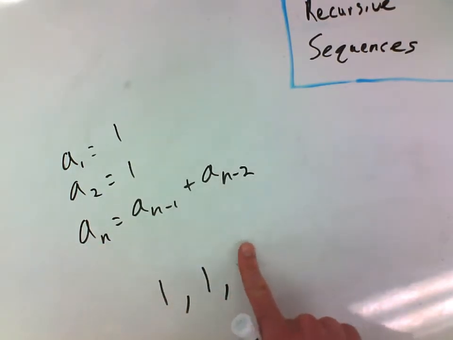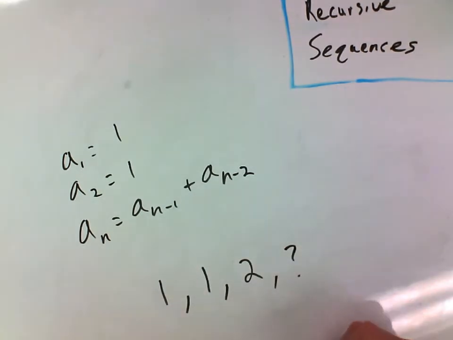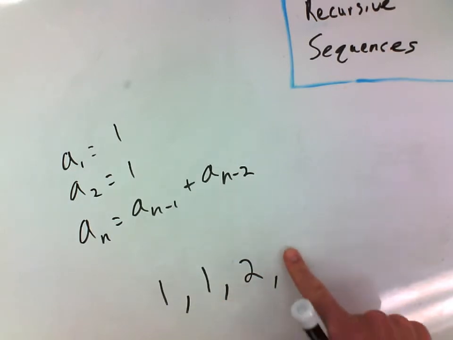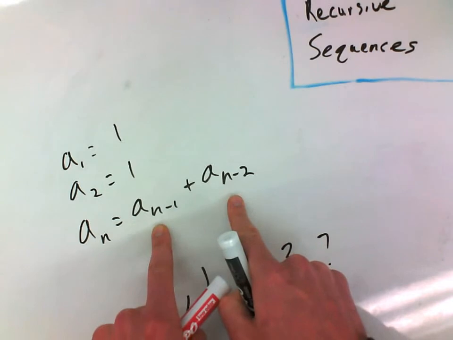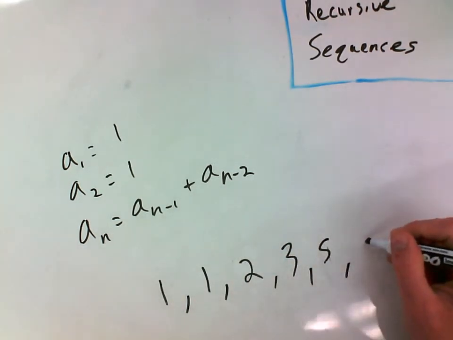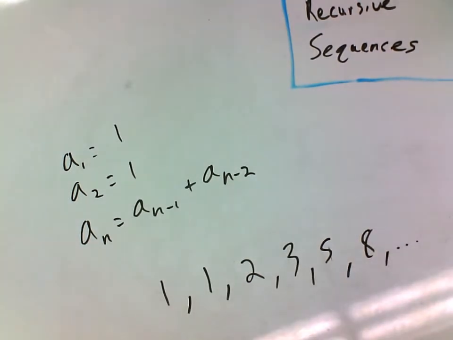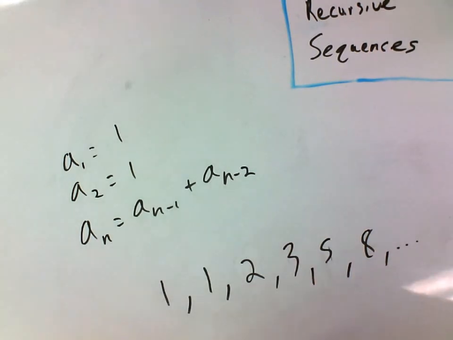So 1 plus 1, my next term is going to be 2. So how do I get this term now? I take the 2 before it, which in my case is 1 and 2, and add them together, and I get 3. How do I get the next term? Get these two together, add them up. 5, and then 8, and then so on and so forth. That's the Fibonacci sequence. It models a lot of crazy stuff, and it's best defined recursively, referring to itself.